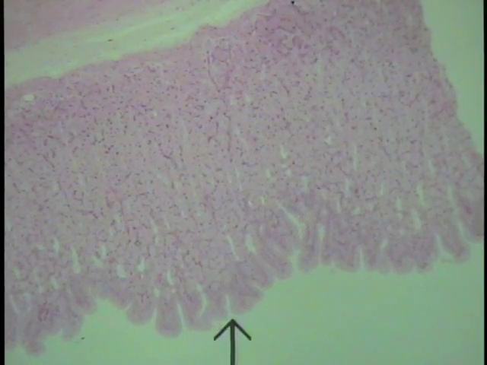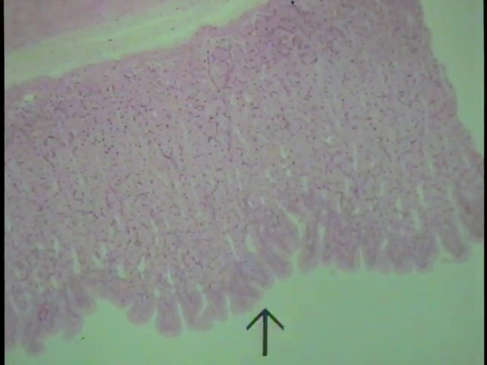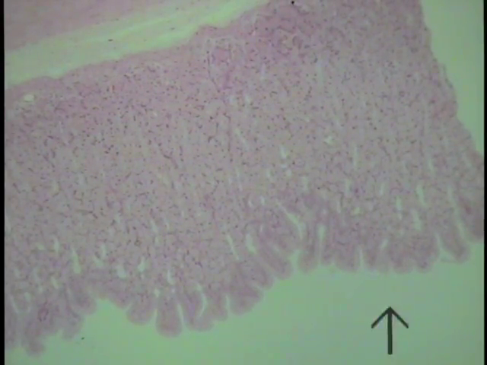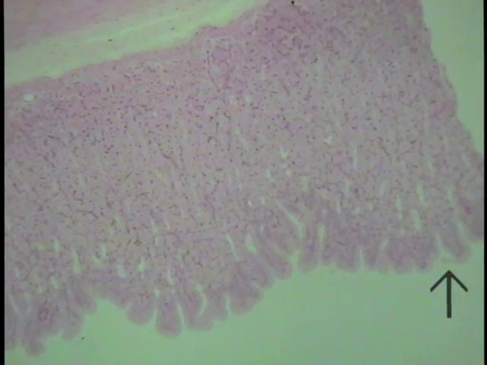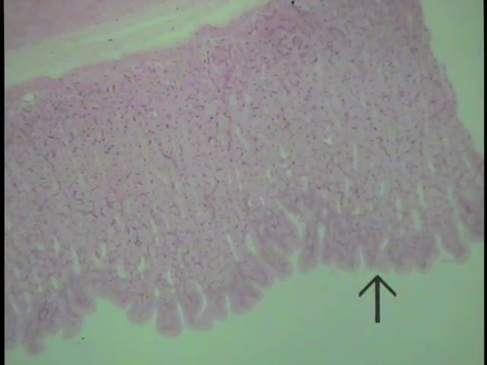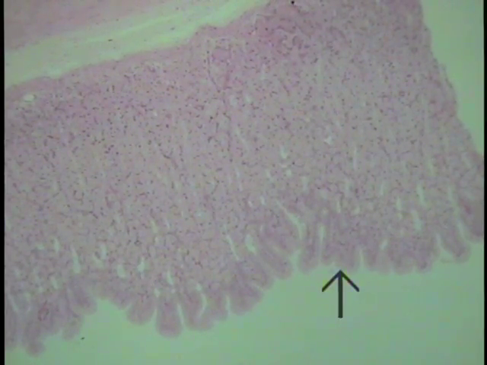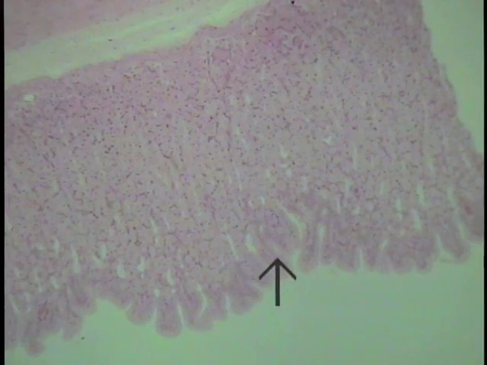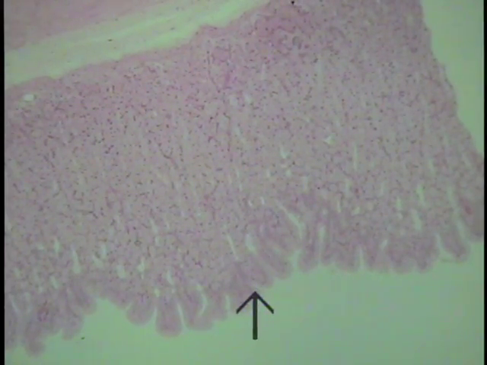This area here, as indicated by the pointer, would be the lumen of the gastrointestinal tube, and in this case, the lumen of the stomach. Even at this low scanning magnification, one can observe that the epithelium lining the lumen of the gastric stomach consists of a simple columnar epithelium.